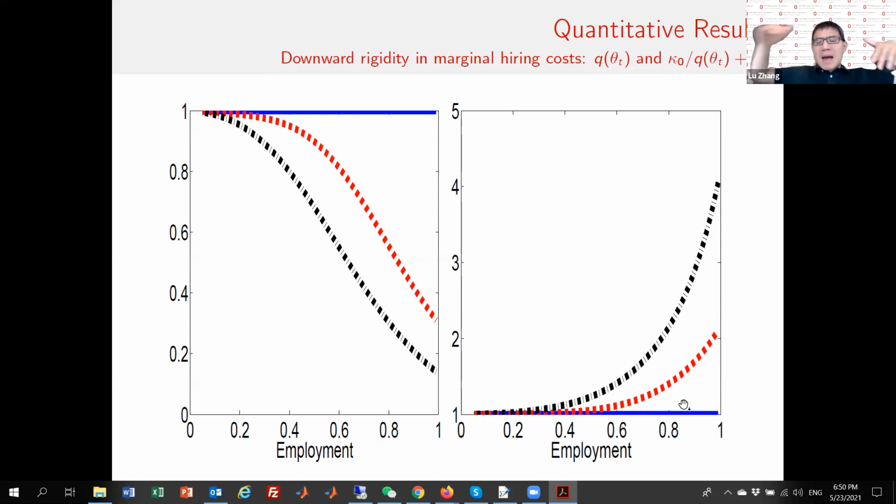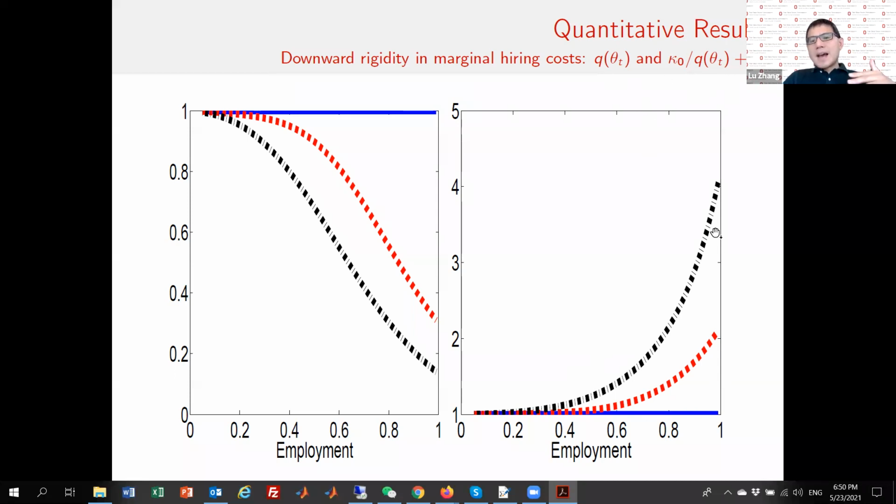In other words, regardless of what you do, you always end up paying a minimum amount, the downward floor. That's what we call downward rigidity in marginal hiring costs. Whereas in good times, Q goes down in the denominator, and your marginal costs rise.